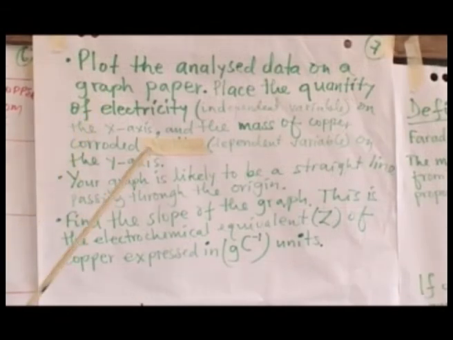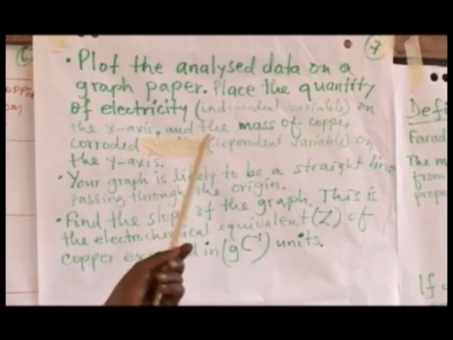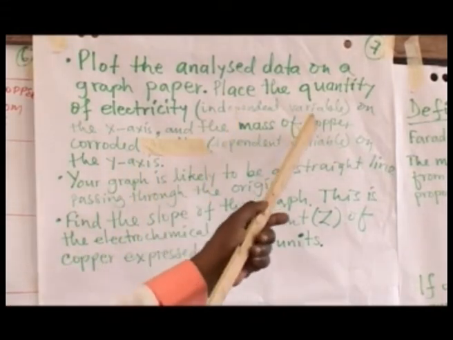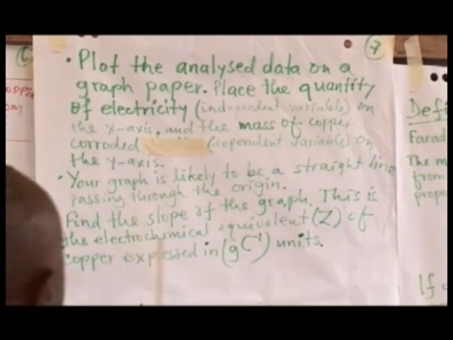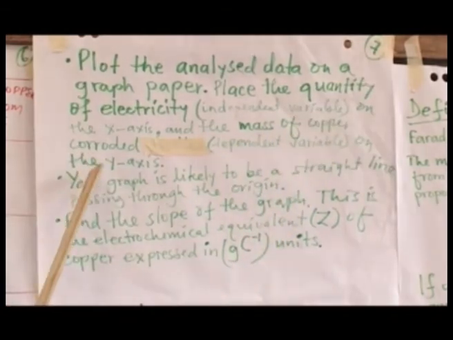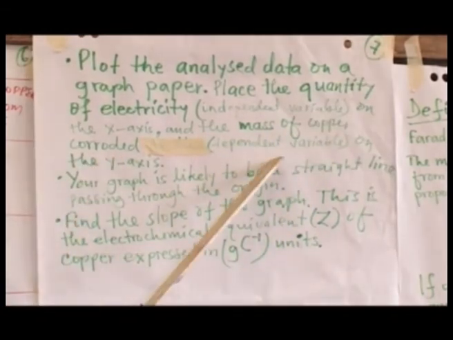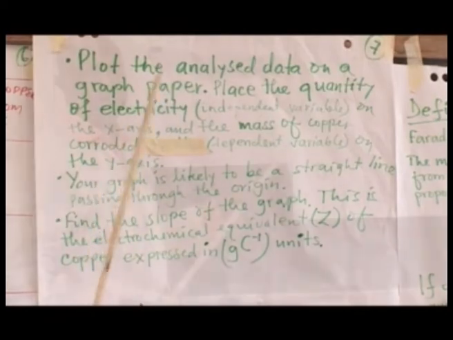Plot the analyzed data on a graph paper. Place the quantity of electricity in coulombs, the independent variable, on the x-axis, and the mass of copper corroded, the dependent variable, on the y-axis.